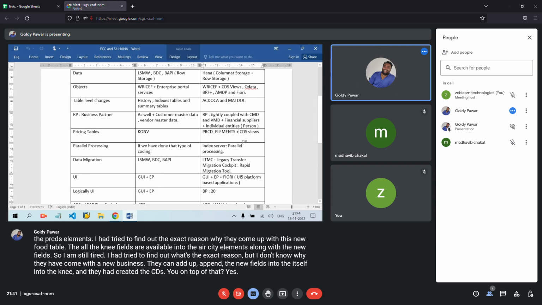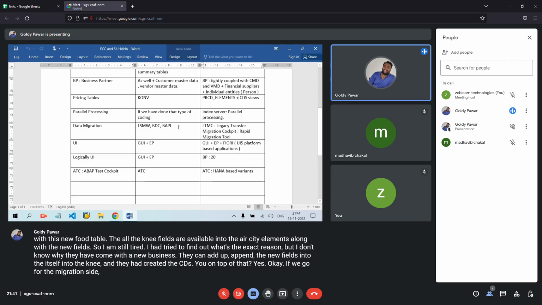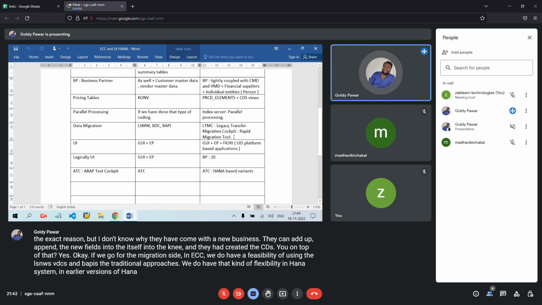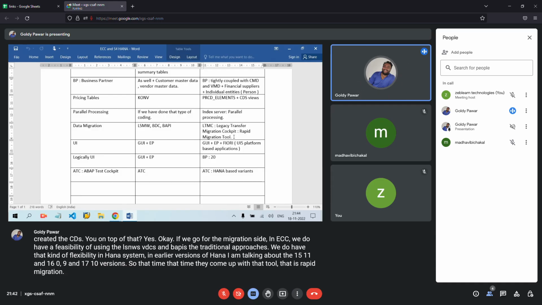If we go for the migration side, in ECC we have the feasibility of using LSMWs, BDCs, and BAPIs, the traditional approaches. We have that kind of flexibility. In earlier versions of HANA, I'm talking about the 15.11, 16.09 and 17.10 versions, they came up with a tool, the rapid migration tool.